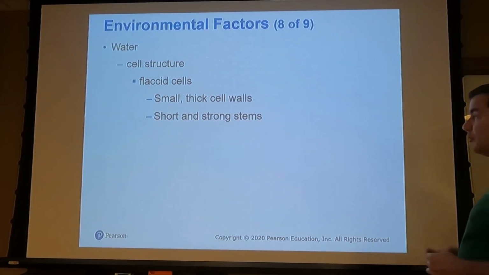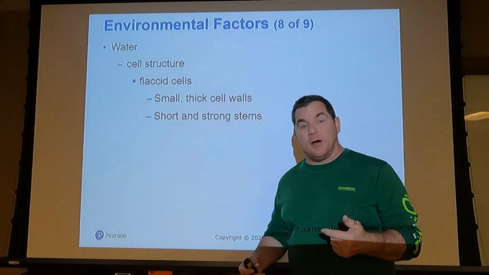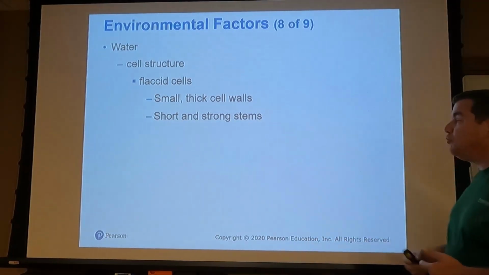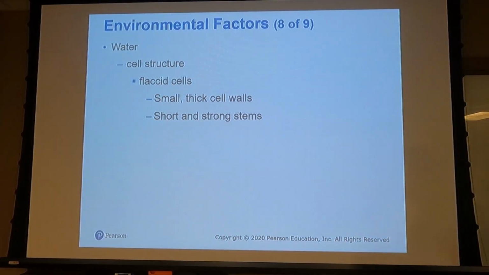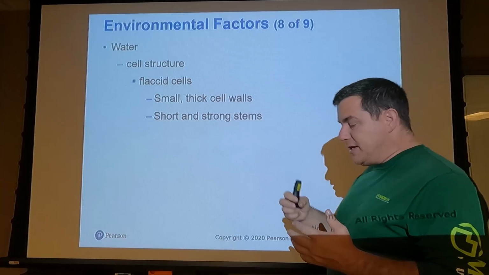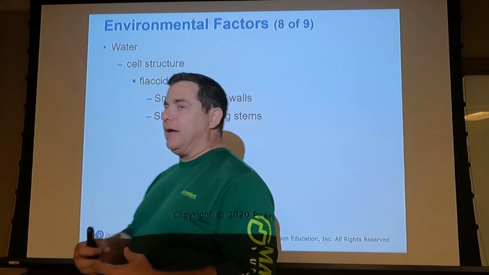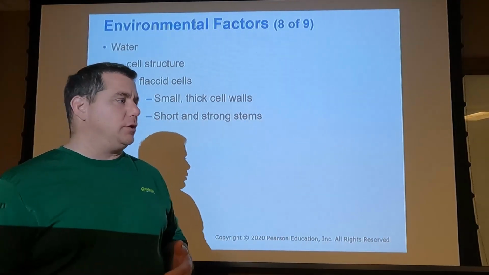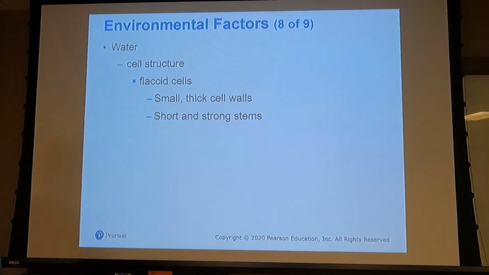Our flaccid cells are small, but they have thick cell walls, and they will lead to short and strong stems. We have both of these turgid and flaccid cells in the stem giving it its structure, and they both perform different functions.